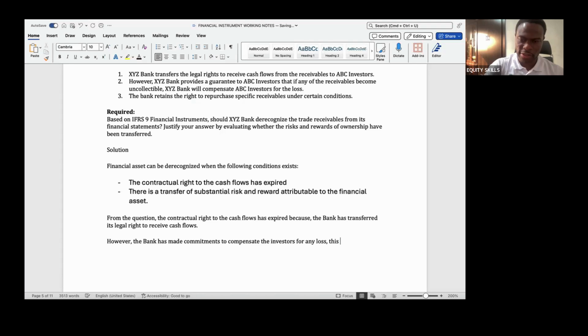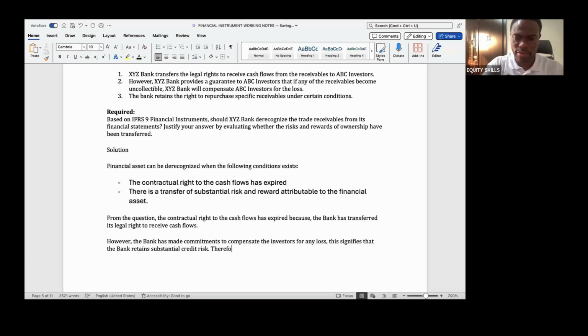This signifies that the bank retains substantial credit risk. I mean, since they said if the receivable does not pay, they will compensate them, that means you still retain credit risk.